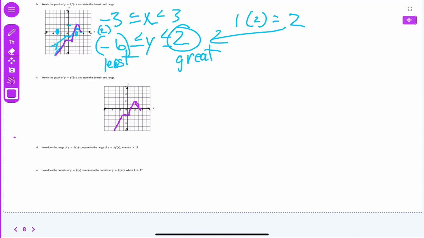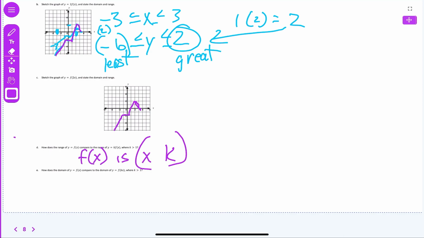So how does the range of y equals f of x compare to the range of y equals k f of x? Well, the only difference is f of x is multiplied by k times k.